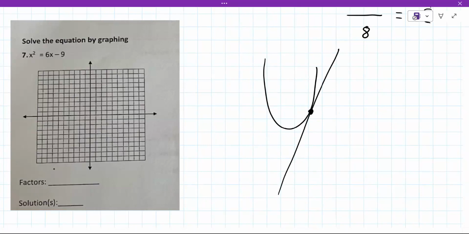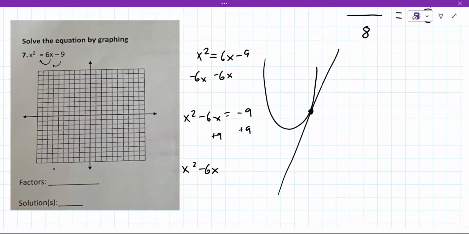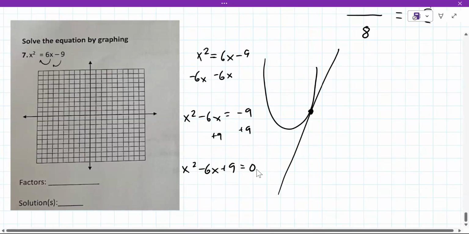I think what they want you to do is first move stuff over. I apologize for being vague. This is me just trying to interpret what your teacher wants. And then you add 9, so you end up getting x squared minus 6x plus 9 equals 0. And then just move on from there. I just don't really know how to put that on the graph.